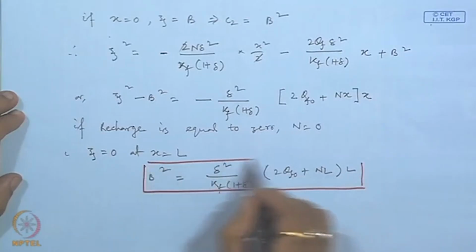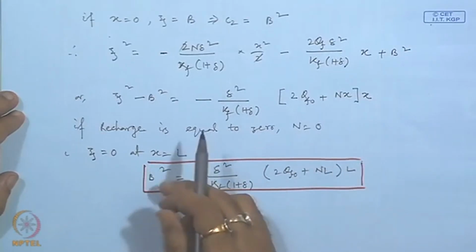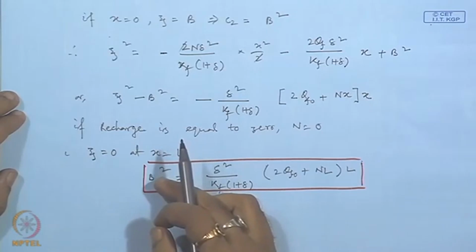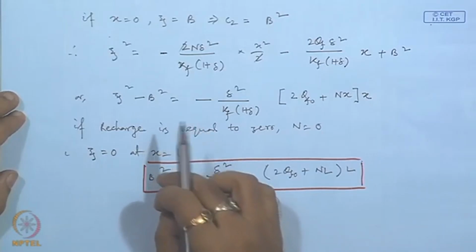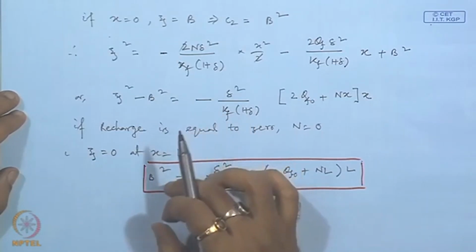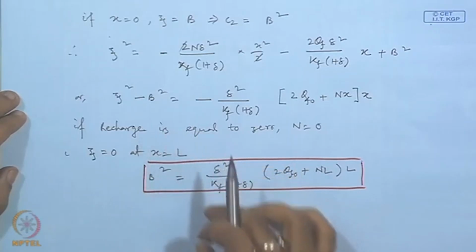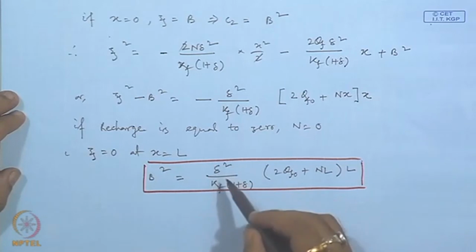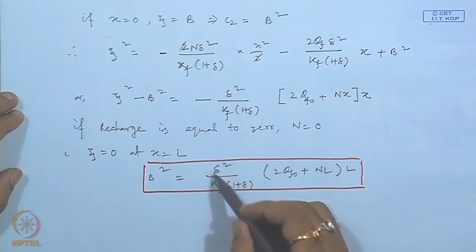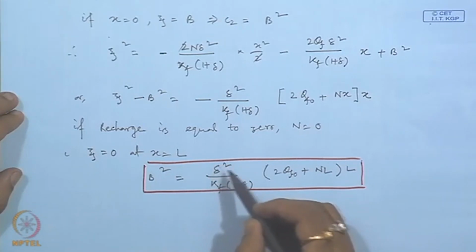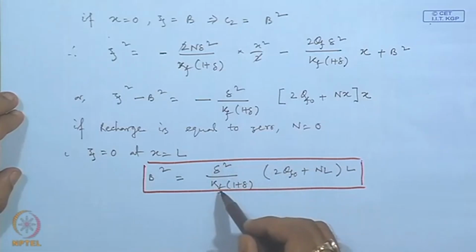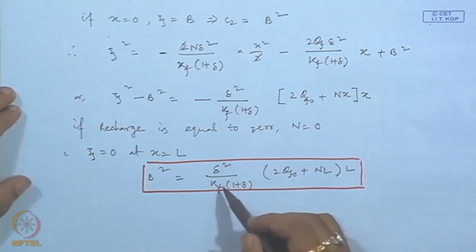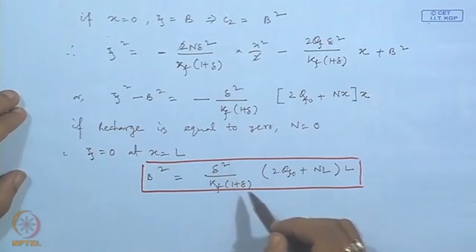So, again we have found out one relationship between depth of this phreatic aquifer from ocean surface to impermeable bottom. Delta is our Ghyben-Herzberg density relationship. Kf is freshwater hydraulic conductivity.